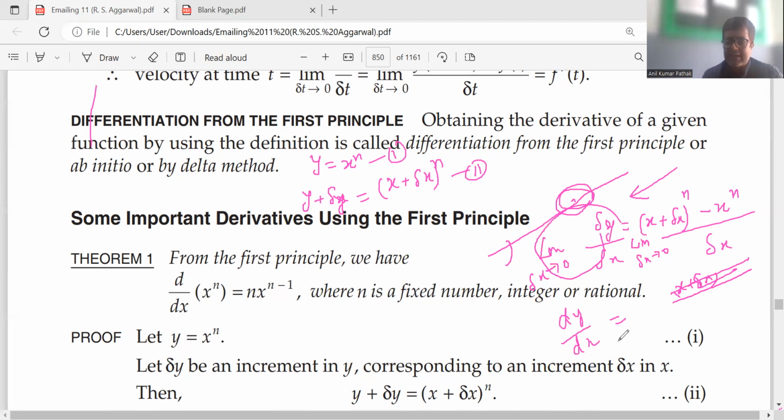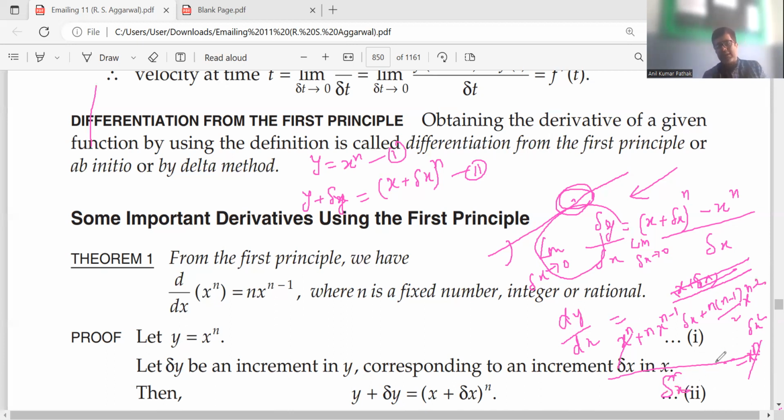When you open the bracket, you will get x to the power n plus n into x to the power n minus 1 into delta x plus n into n minus 1 by 2 into x to the power n minus 2 into delta x square, dot dot dot, and minus x to the power n. This minus x to the power n will cancel with the x to the power n, and below, delta x is already given.